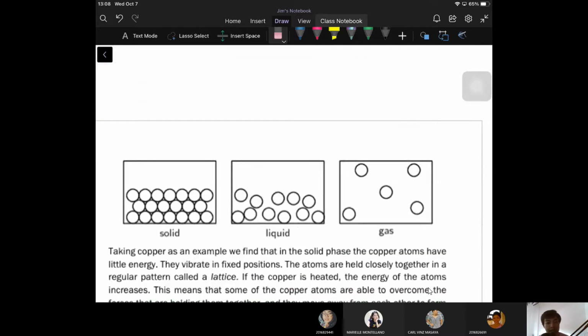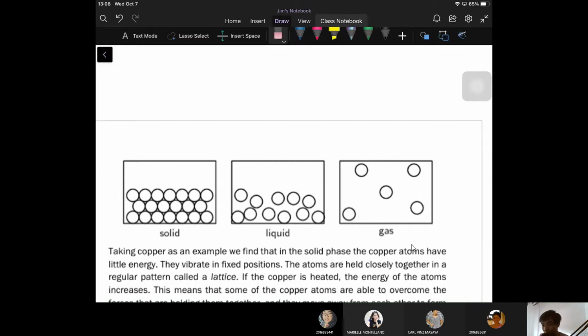So, yun yung reason bakit tayo may iba't ibang phases. Number one is the energy. The higher the energy, the more energetic the particle is, mas mabilis ang kanilang galaw. The more kinetic energy they possess, ibig sabihin nun, mas maghihiwa-hiwalay sila. So, may tatlong phase tayo nun. Solids, mababa ang energy, hindi gumagalaw. Liquids, medyo may energy, medyo gumagalaw.